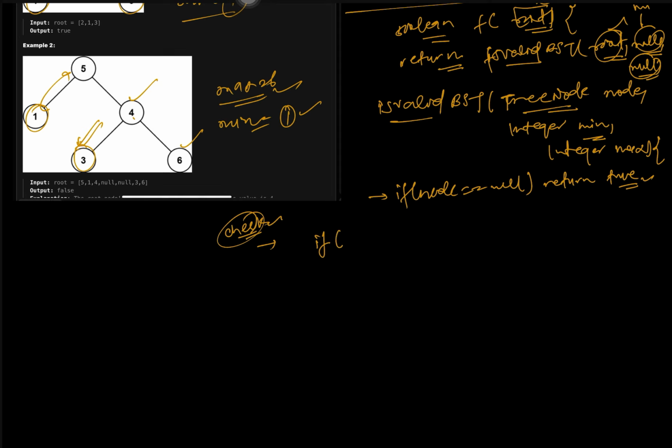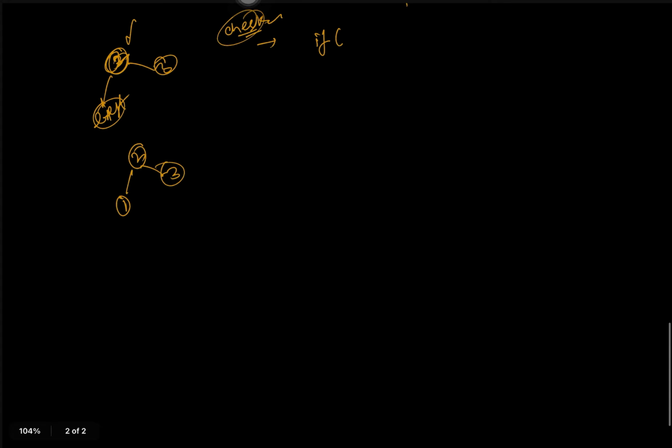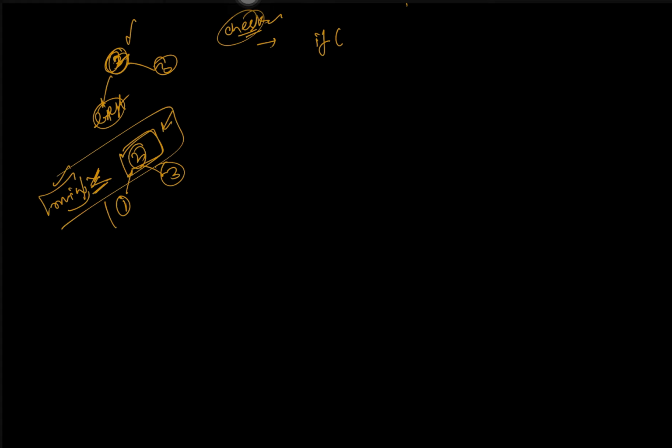Let's say you have a node 2, with 1 and 3. We check if this element is less than min, which means it is not valid.